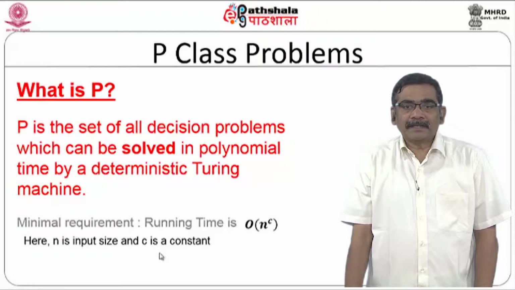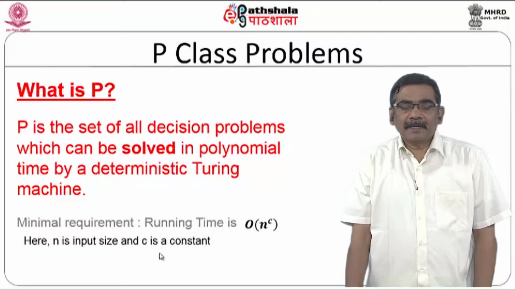Probably you can recollect in one of the earlier modules we discussed how to evaluate the running time of a given algorithm. If the running time is a polynomial, then using asymptotic analysis we can reduce that to the largest magnitude of the power of the polynomial, and we can express the computational complexity of that.